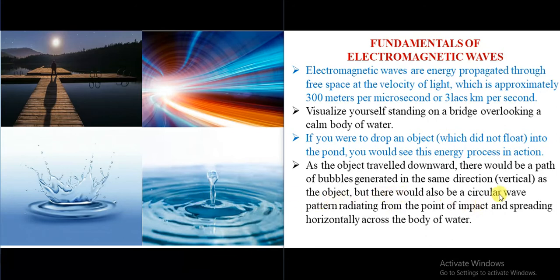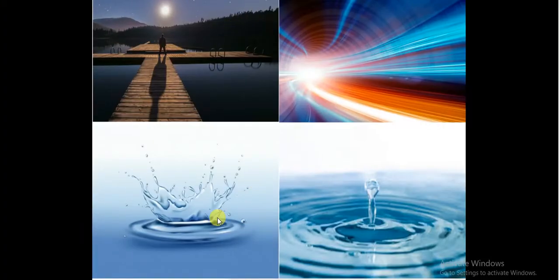there would also be a circular wave pattern radiating, as you can see in this picture, from the point of impact and spreading horizontally across the body of the water. So in this diagram you can see that as we drop an object, a circular pattern is generated and it will spread across the water body.